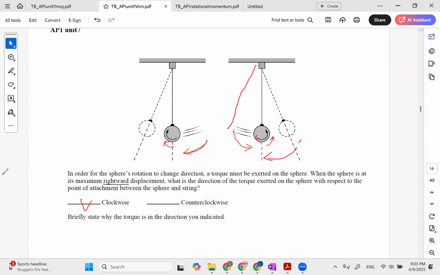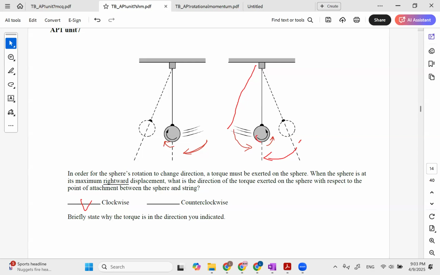And then at the maximum displacement, what force gives you torque? Opposite direction. Opposite direction, but which force?